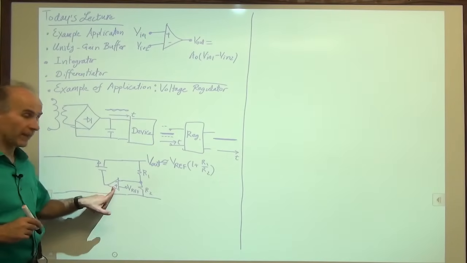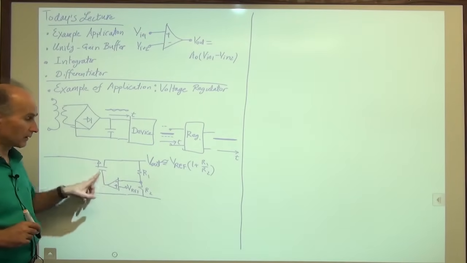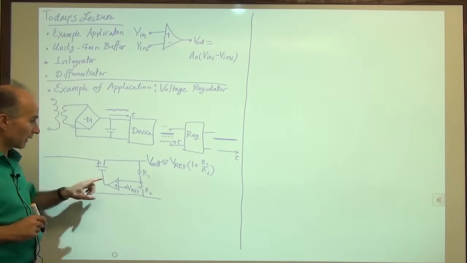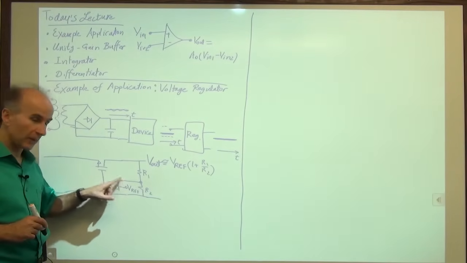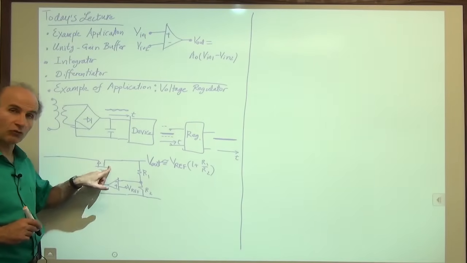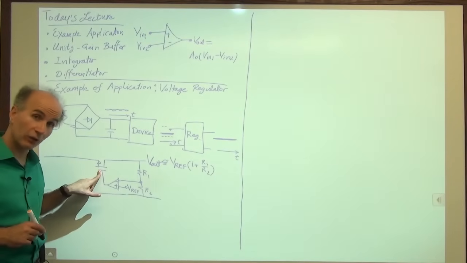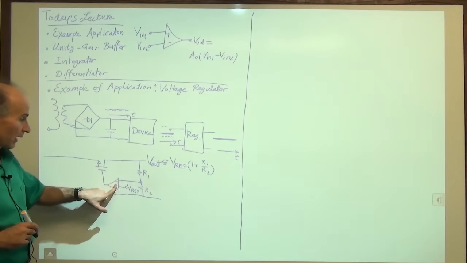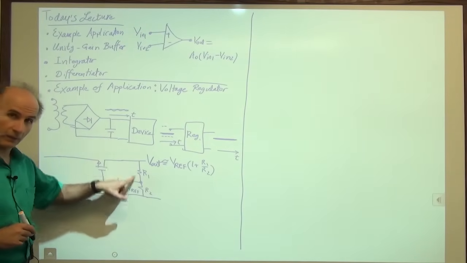So long as this op-amp has a high gain, so long as this loop has a high gain, even though we have fluctuations here, this op-amp counteracts them by adjusting the resistance of this MOSFET accordingly. If this goes up, this op-amp increases the resistance, so that it goes down.